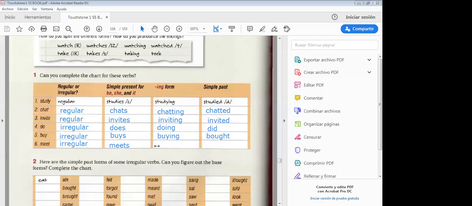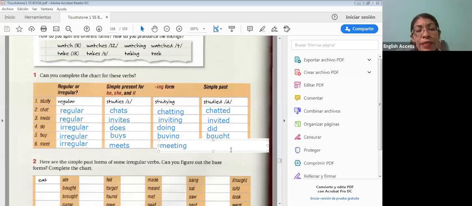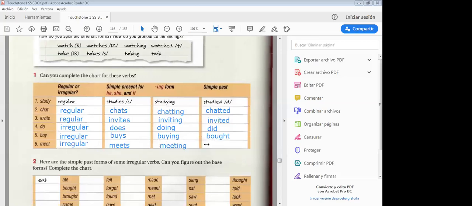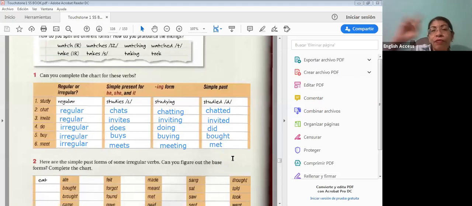Meeting. And simple past. Met. Correct. Okay, so here we have the first chart. Now let's continue with number 2.